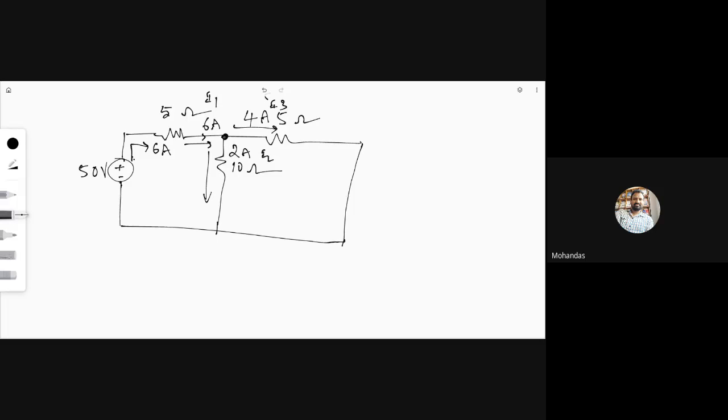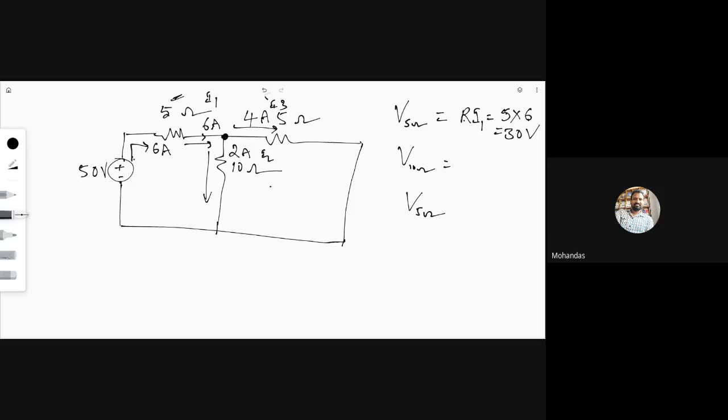At this node the current is dividing. Now our task is to calculate the voltage drop across the 5 ohm resistor, the 10 ohm resistor, and again the 5 ohm resistor. What is the voltage drop at this 5 ohm resistor? R into I. R is 5, and the current here is I1, 6. 5 into 6 is 30 volts.